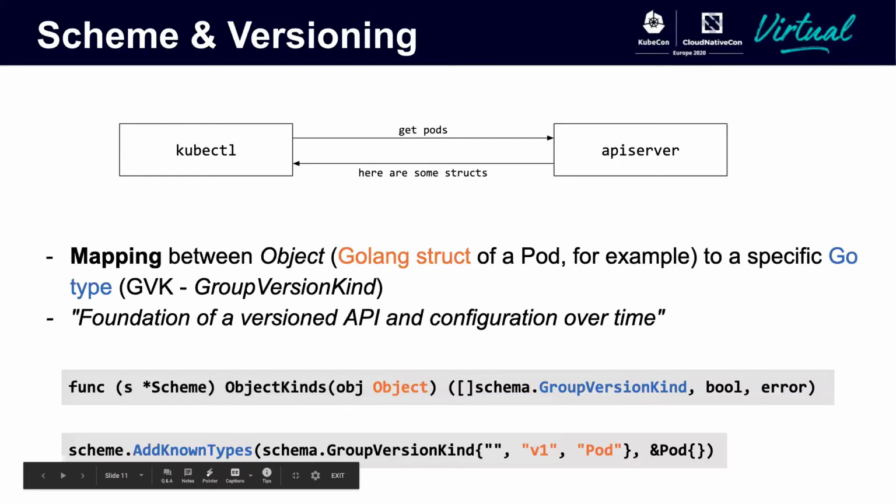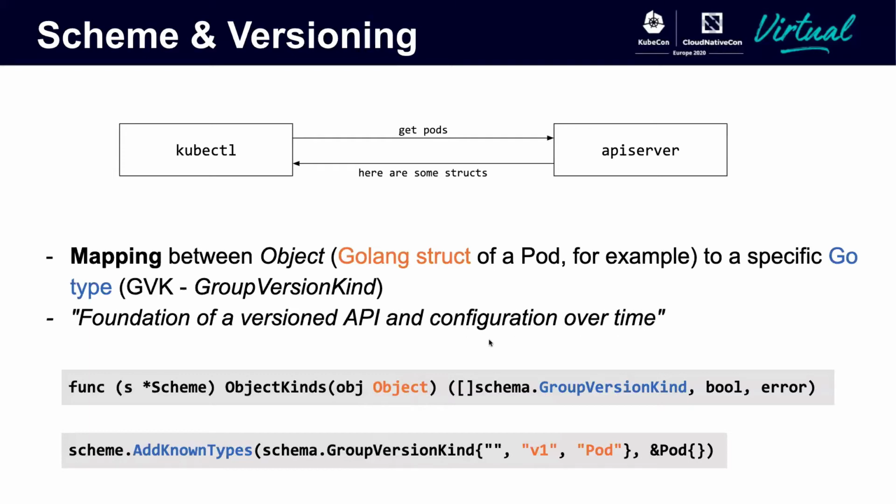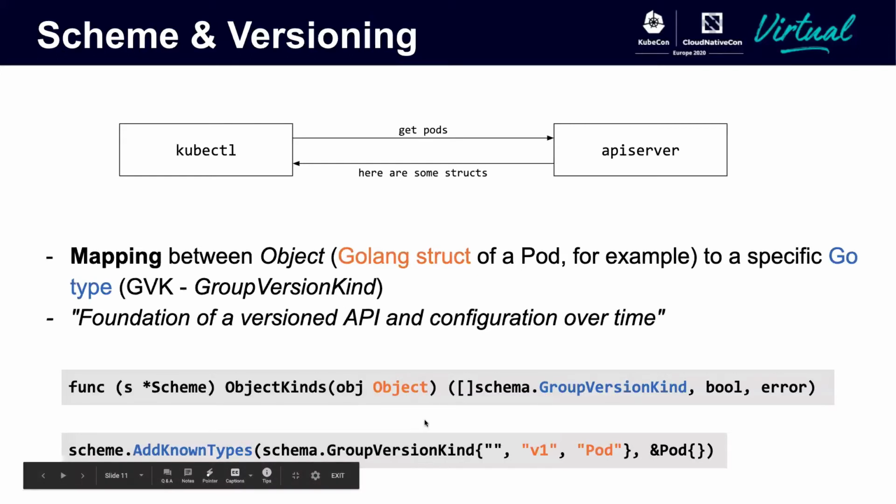And if you dig through the code base a little bit and look up the scheme, you'll find a comment that says it's the foundation of a versioned API and configuration over time. As you might know, every API in Kubernetes is versioned, or pretty much everything is versioned. And the scheme provides us the tools to work with these versions and to convert between them.